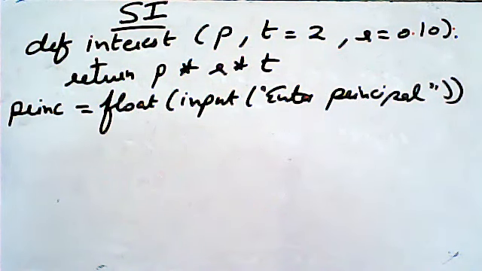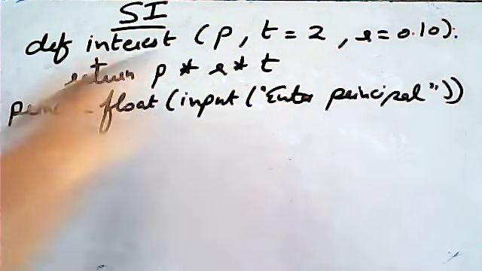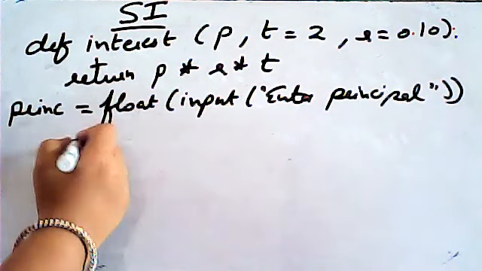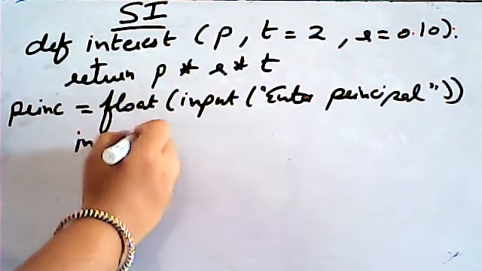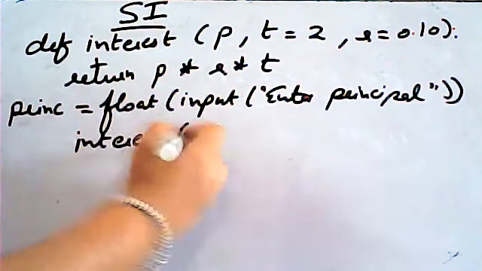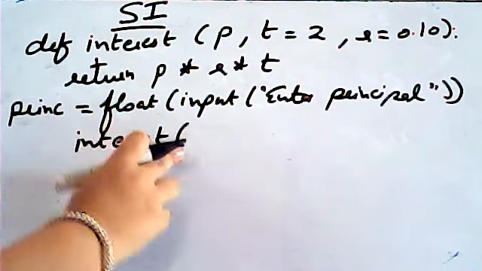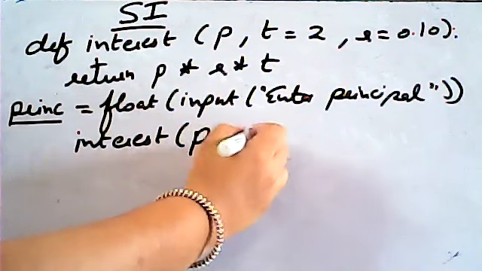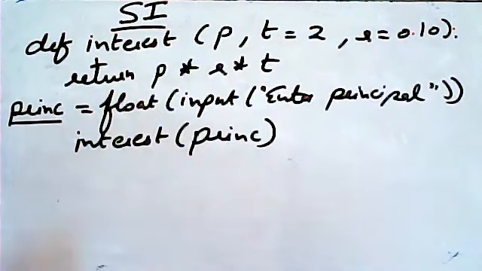After that, I simply call my function, because T and R are already given in the question. I simply call the function name, this function is interest, and I have to call only this one, princ. By default, it will automatically be called because these are the two default ones.